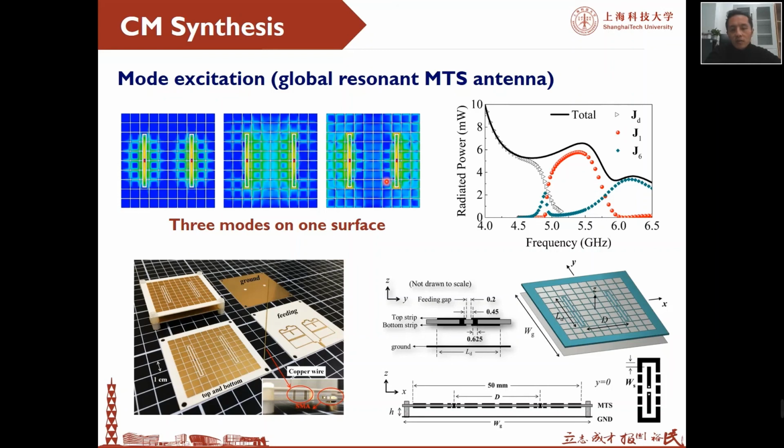This is different from the previous metasurface resonators where a TM10 mode is formed for each unit cell, but since here the unit cell is very, very small, we have the overall effect, so that the first fundamental mode of the metasurface is the TM10 mode, and the second here is the TM20 mode.